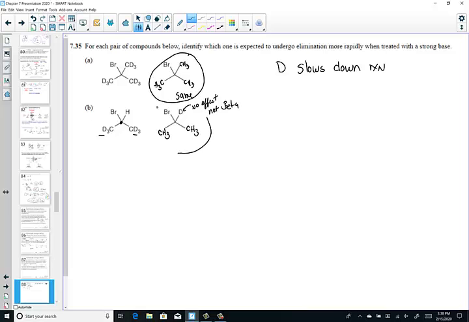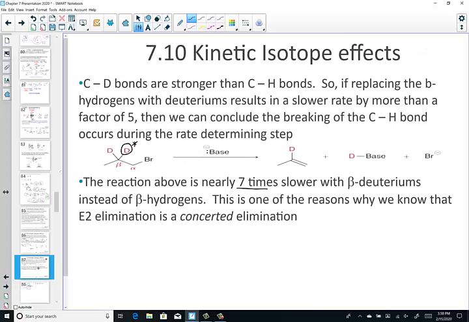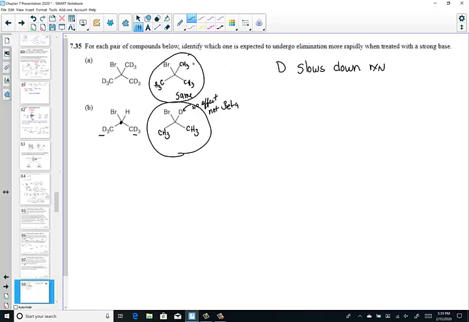So again, this one would go faster, and just tell yourself, when the reaction above, when deuterium is replaced, it slows down the reaction. So if you are replacing hydrogens with deuterium, that would be slower. This one would be slower, and the faster the reaction would have pure hydrogens.